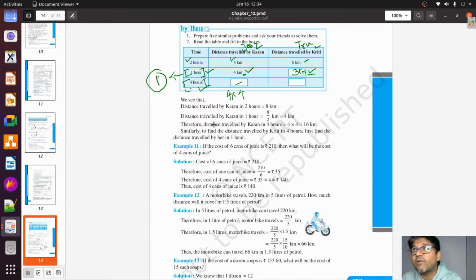That's the benefit of it. So you will easily get the answer 16 kilometers. In the same way, how many kilometers will Trucy travel in 4 hours? 3 into 4 is equal to 12. So 12 kilometers. Very good. 3 into 4, because in 1 hour it is 3 kilometers, so 4 hours is 12 kilometers.